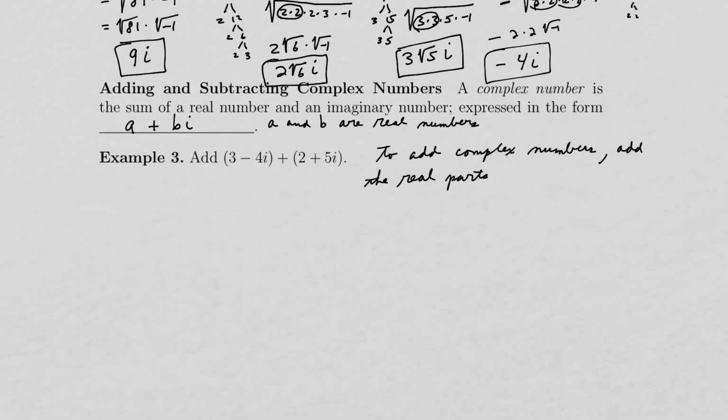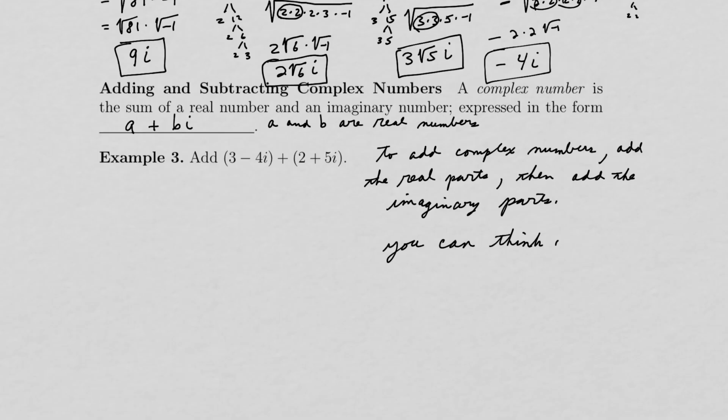Then add the imaginary parts. And that's it. You can think of this as combining like terms. We're combining the real numbers and then we're combining the imaginary numbers.